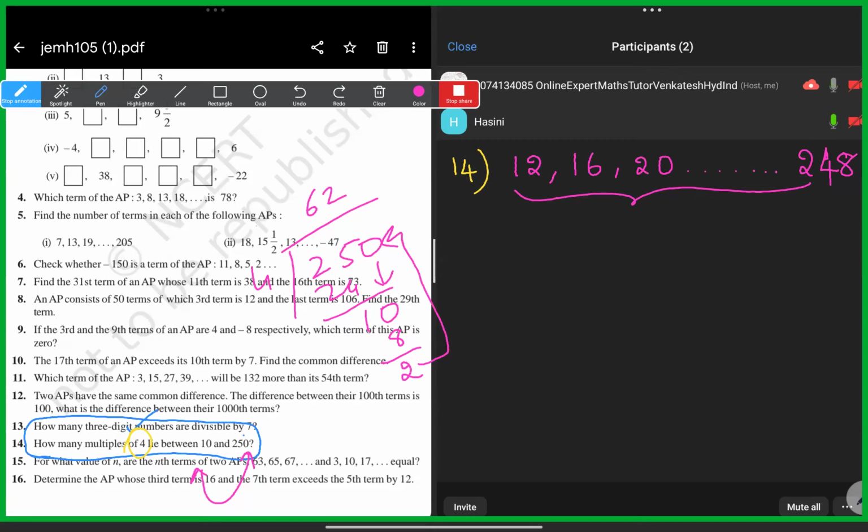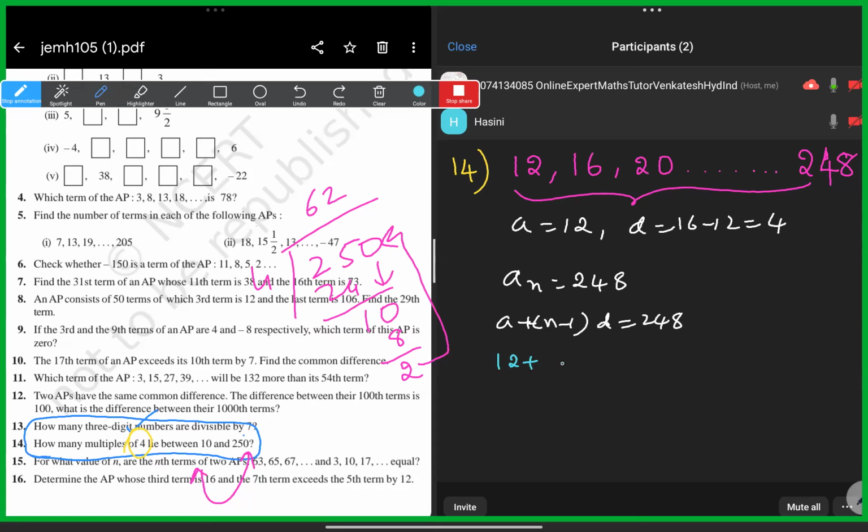Okay, sir. So now this is the series for the question, Hasni. Again, to find how many multiples, we need to find the number of terms. a is equal to 12, d is 16 minus 12, which is 4. We are equating the nth term to 248 and finding n. 12 plus (n minus 1) into d, d is 4.